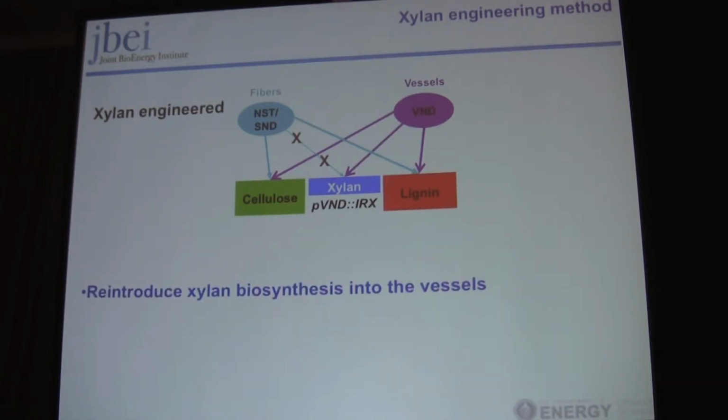In order to reintroduce xylan biosynthesis into the vessels, we engineered a construct using a vessel-specific promoter, VND6 and VND7, to drive the expression of the defective IRX allele in the xylan biosynthesis mutant.